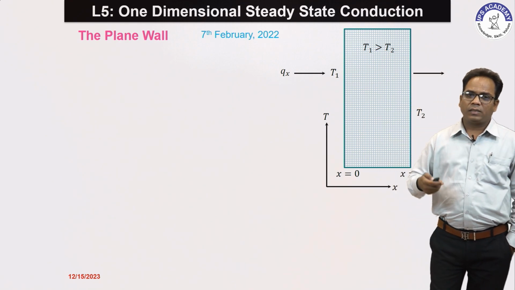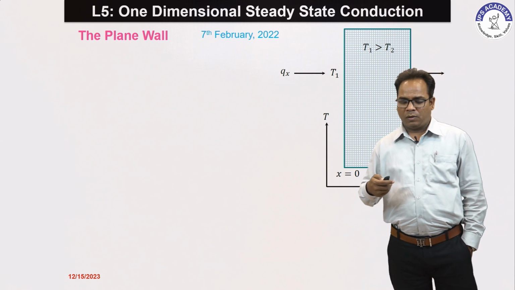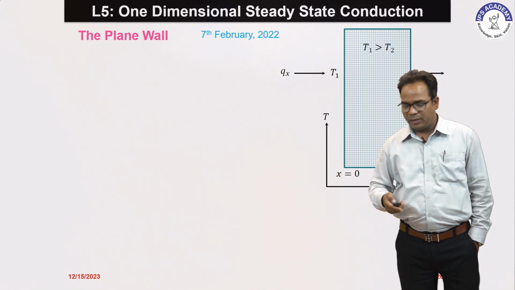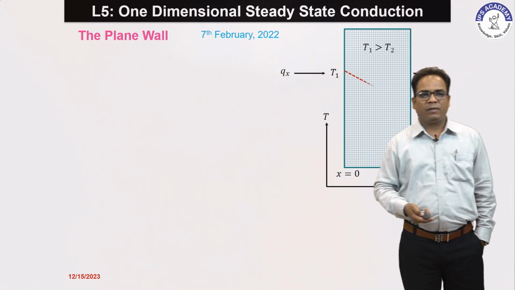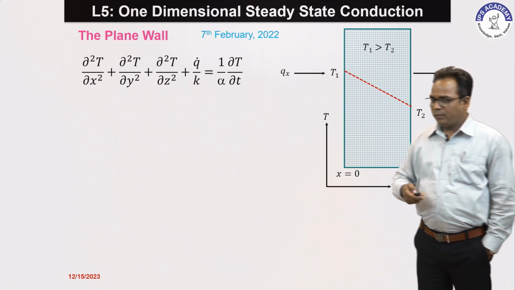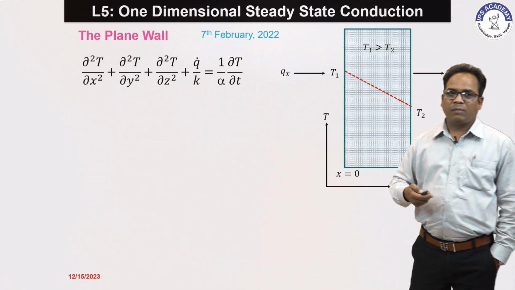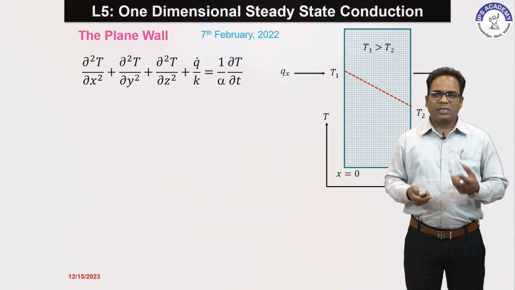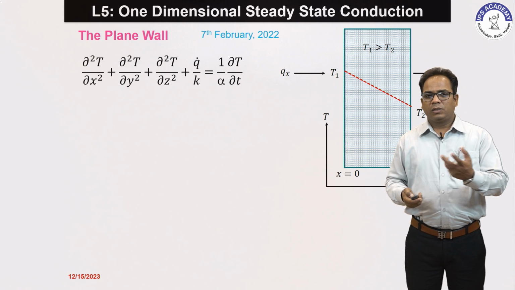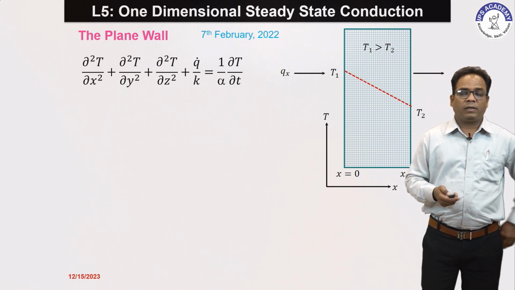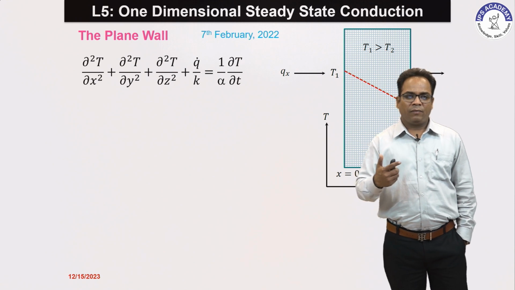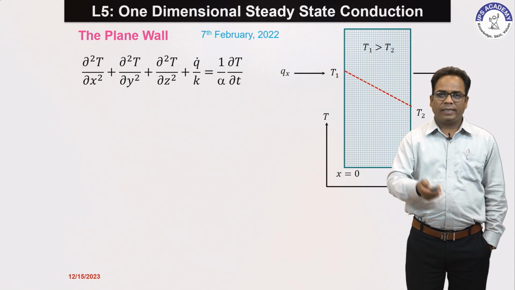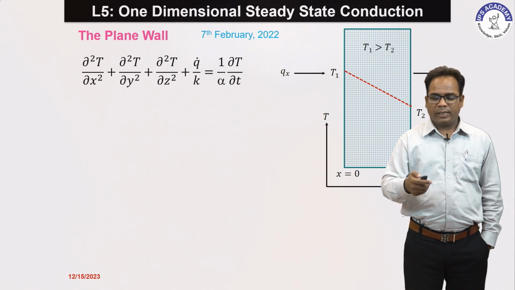So we have to evaluate the quantity of heat, and the rate at which it is transferred by virtue of the temperature difference. As we are going to discuss only one-dimensional steady state heat conduction, we have to get rid of temperature variation in the y direction and z direction, and also the steady state part, that is 1 upon alpha, delta T upon delta t.